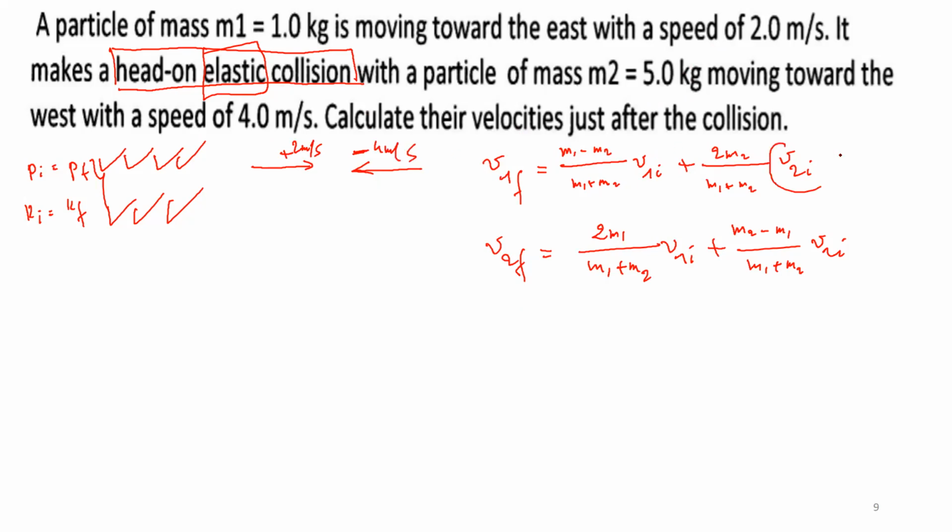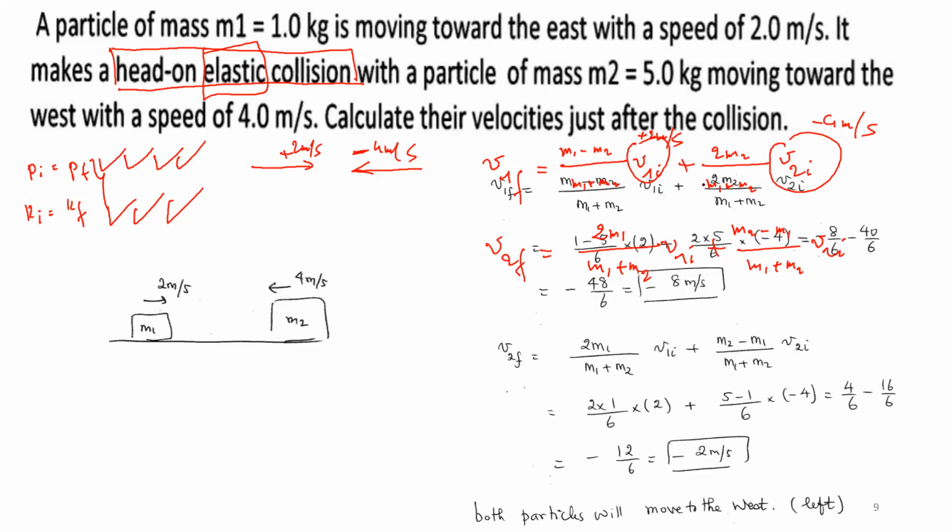So be careful here. v2 initial is minus 4 meters per second. v1 initial is plus 2 meters per second, because these velocities can be positive or negative. It's a projection of the velocity along the x-axis, so it can be positive or negative. They are not magnitudes. They give you direction as well. So that's it. If I do that, I get my answer.